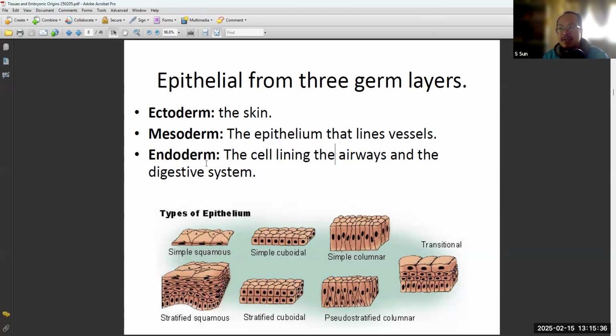The digestive system is the endoderm. So the epithelium tissue of the airway and digestive system is the endoderm. You can also find the epithelium tissues in the blood vessel, and the blood vessel is mesoderm. So you have these epitheliums coming from the ectoderm, mesoderm, and the endoderm.